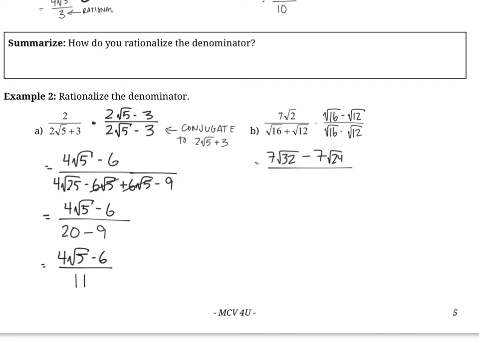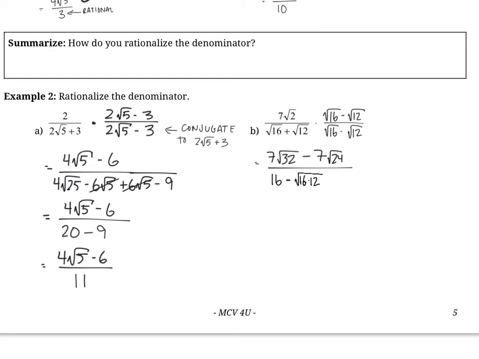In the denominator, 16 times 16, well, I know 16 times 16 is going to be whatever number it is, but then when I take the square root of it, it's just going to be 16, right? And then root 16 times root 12, I don't even know what that is, but I'm just going to put negative root 16 times 12, like that.